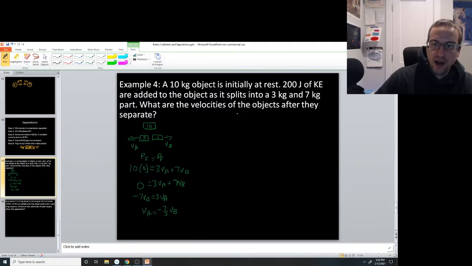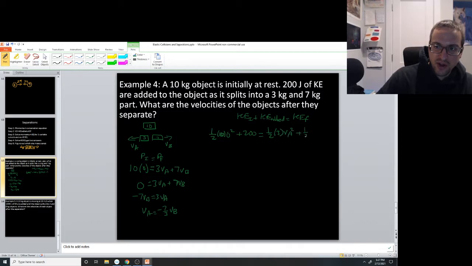And for kinetic energy, we've got kinetic energy initial plus kinetic energy added equals kinetic energy final. So that's 1/2 times 10 times 0 squared plus 200 equals 1/2 times 3 VA squared plus 1/2 times 7 VB squared.